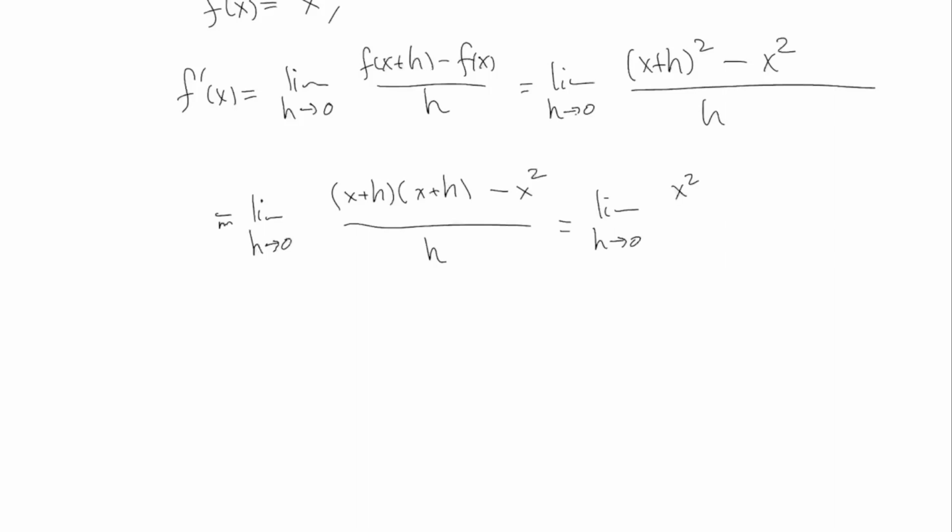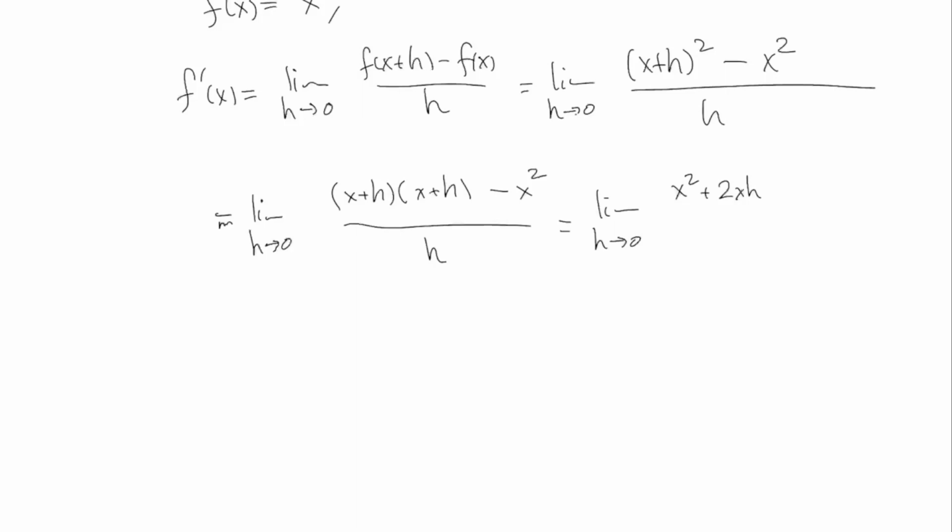Okay, you do the FOIL here. X plus h times x plus h. So the ones on the front, I get x times x, which is x squared. In the middle, h times x. And on the outside, x times h. Those are actually the same, and they add together. You get 2x times h. So this is plus 2x times h. That's an xh in the middle and an xh on the outside.